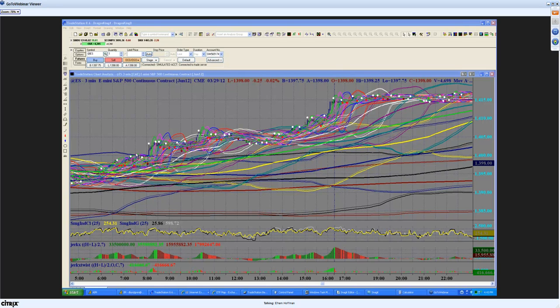So what I do in terms of trying to identify when reversals in the market are going to take place, I always try to go back to the most recent dominant breakout point that relates to the action that I'm trying to anticipate.